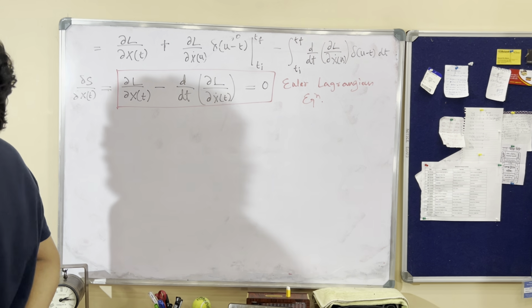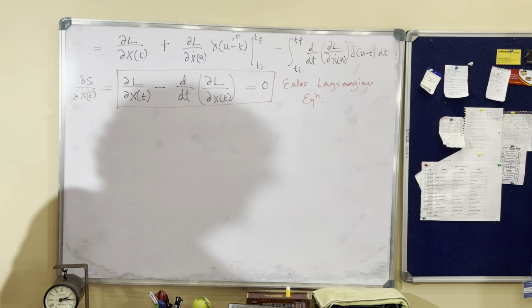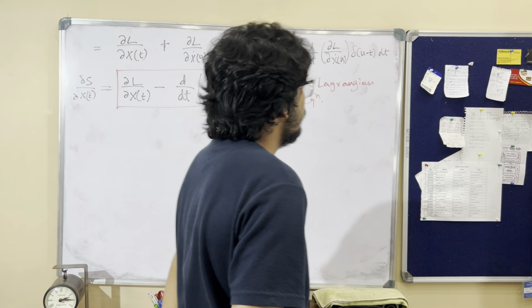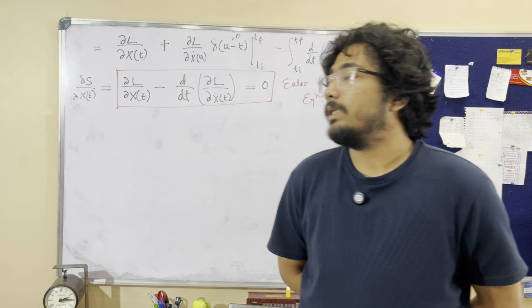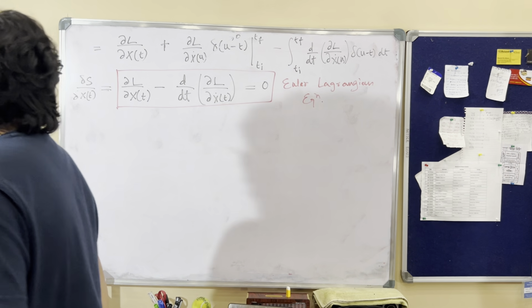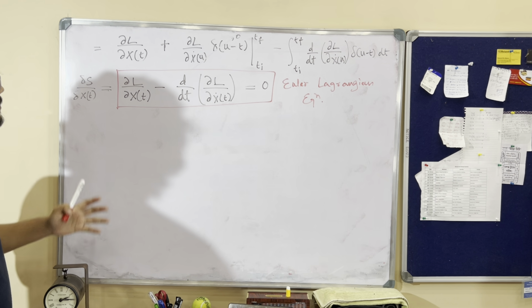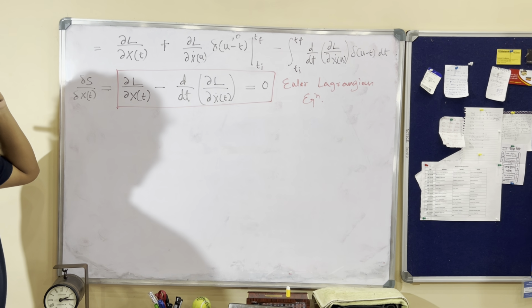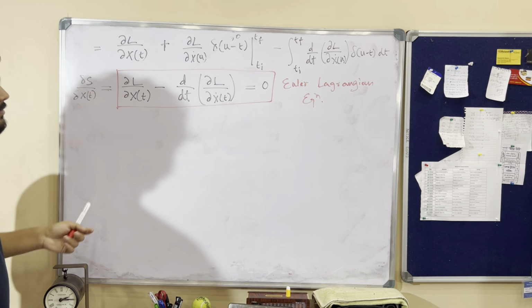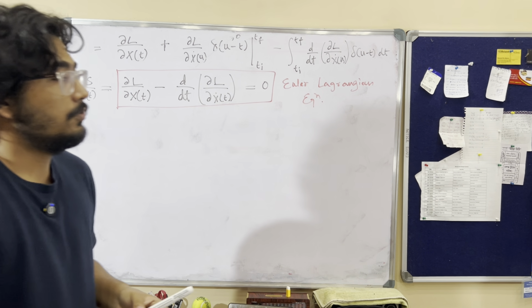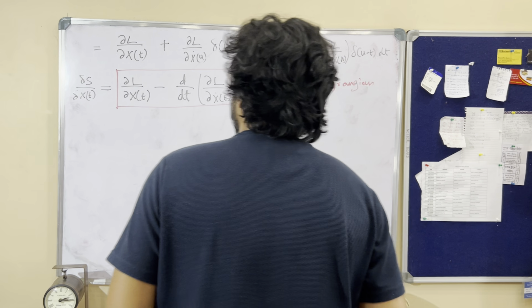So if we know its potential energy and kinetic energy, we can find the equation of motion by just putting the Lagrangian into the Euler-Lagrange equation. It's a wonderful thing, and it's pretty easy compared to finding the equation of motion from Newton's laws for complex situations.